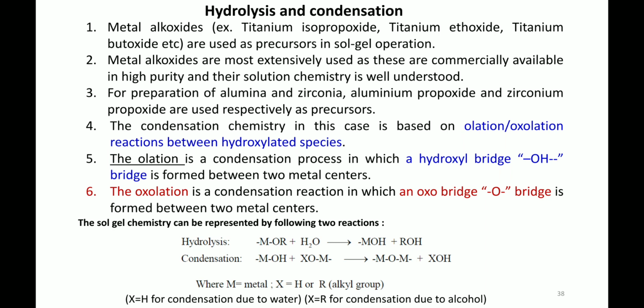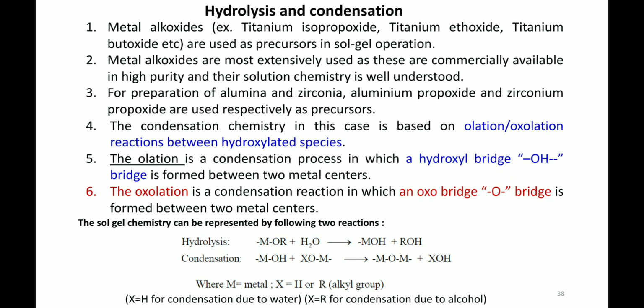The condensation chemistry in this case is based on olation and oxolation reactions between hydroxylated species. So the condensation chemistry takes place in two ways. One is olation, which is a condensation process, followed by oxolation, reactions between hydroxylated species. So let us try to understand what is olation.